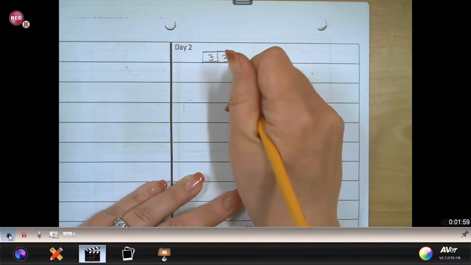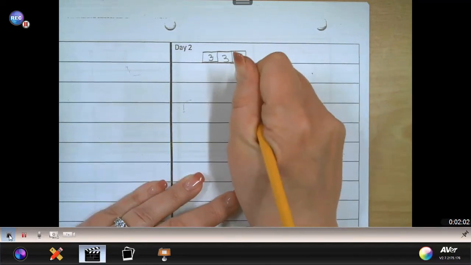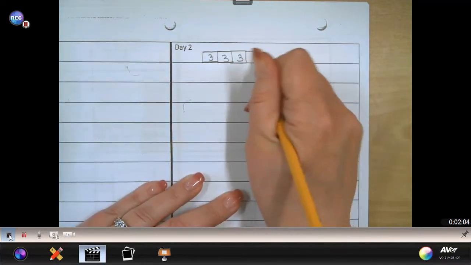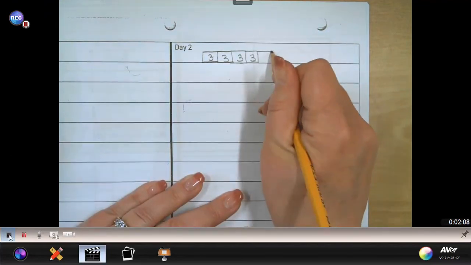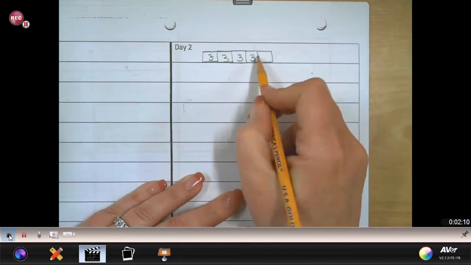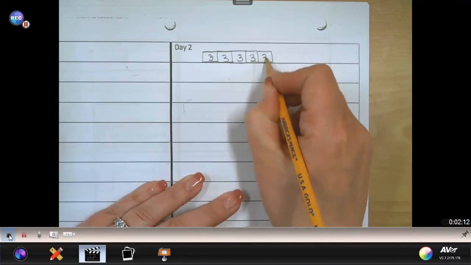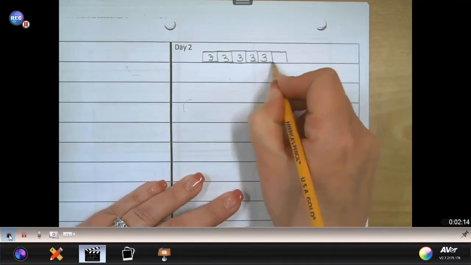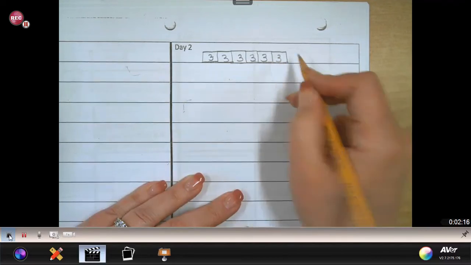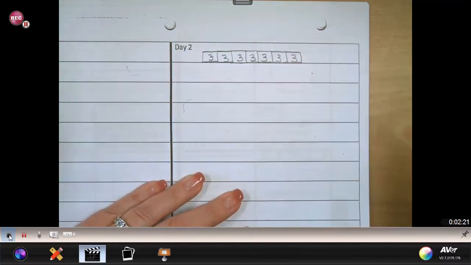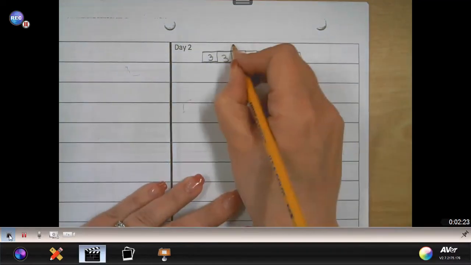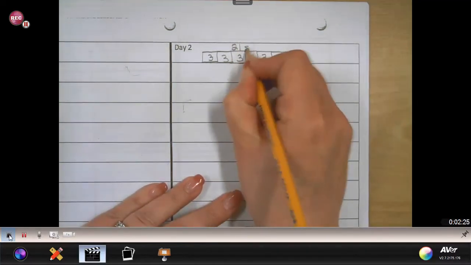Now we're at 6. 3 more makes 9. 3 more makes 12. And we're going to 21, right? So we're at 12, 15. 3 skiers on this seat makes 18. And 3 more on this seat makes 21. So here are my 21 skiers.